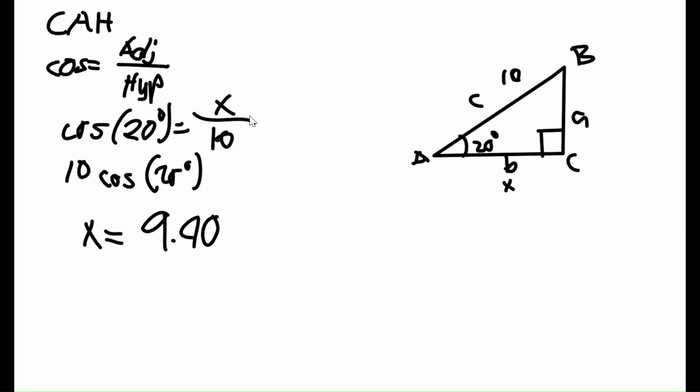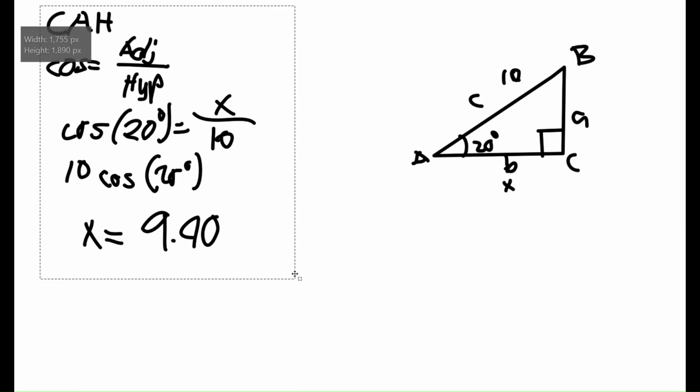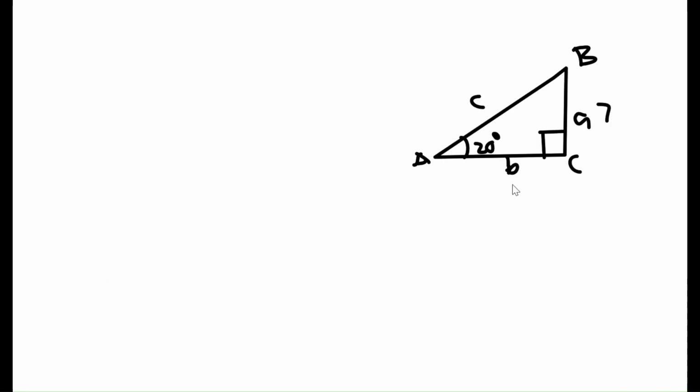Let's try another one. Clear this one up. Now let's say we are looking for B, and the opposite side is given.